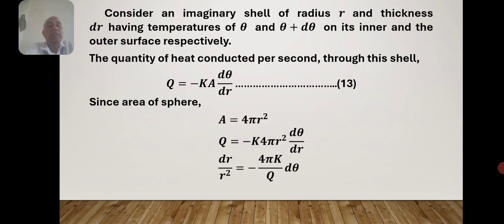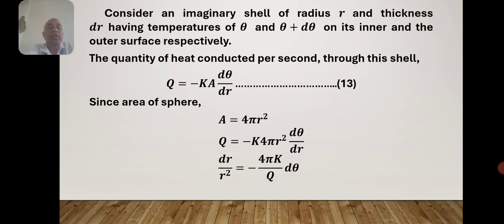Consider an imaginary shell of radius r and thickness dr having temperatures theta and theta plus d theta on its inner and outer surfaces respectively. The quantity of heat conducted per second through this shell is given by Q equals minus K A d theta by dr. This is equation number 13.